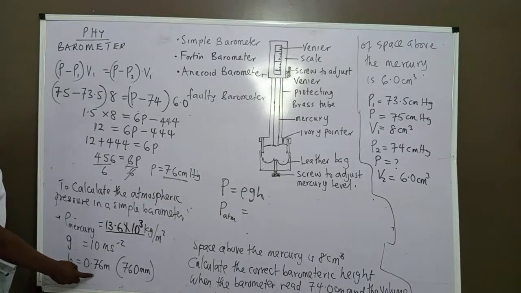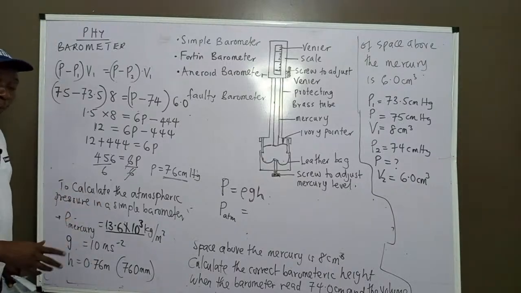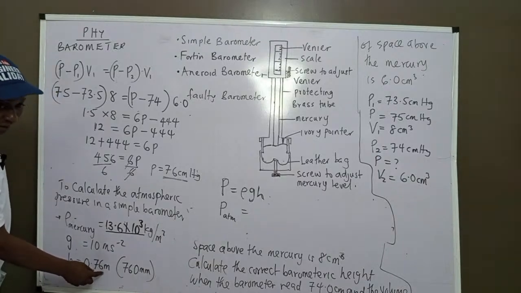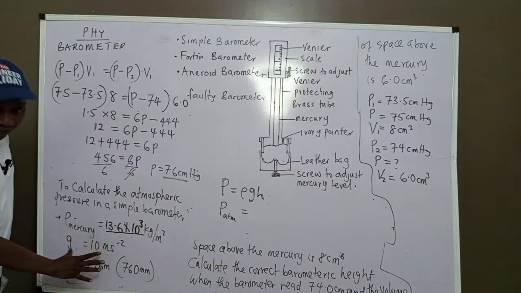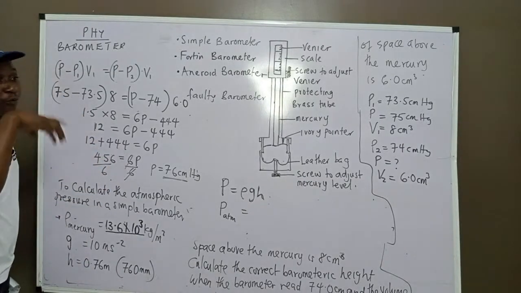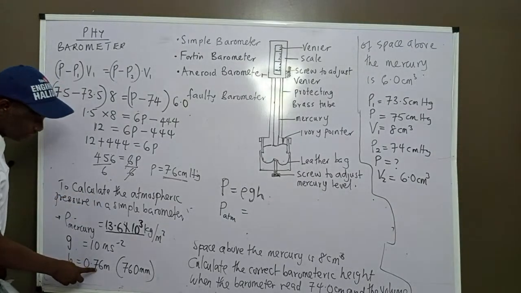Then the height at which the simple barometer will always attain to support the atmospheric pressure, to support the air pressure, is 0.76 meter. So it must reach this height for the pressure in the atmosphere to support the mercury. So that's why we are using this height.